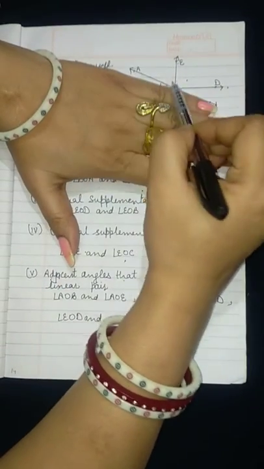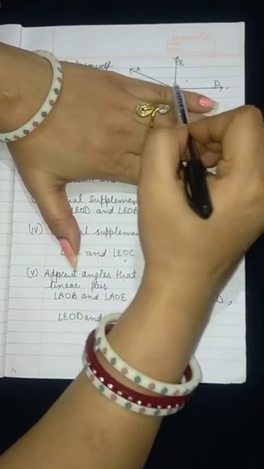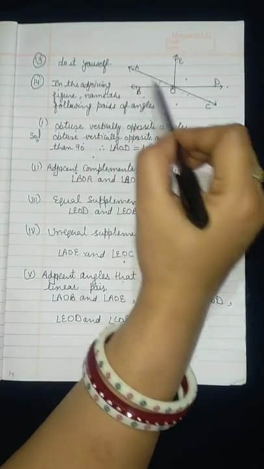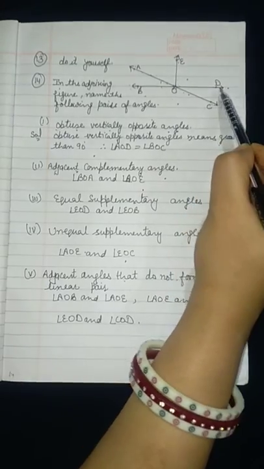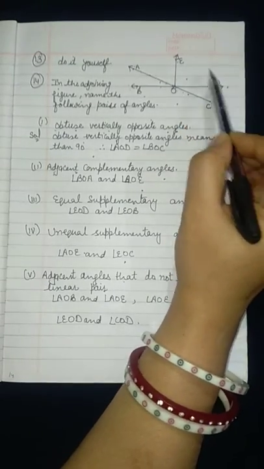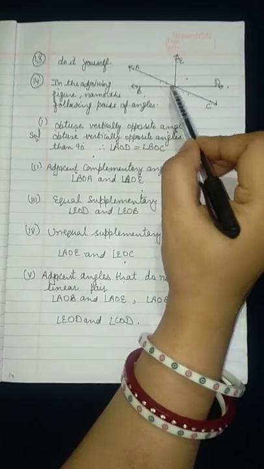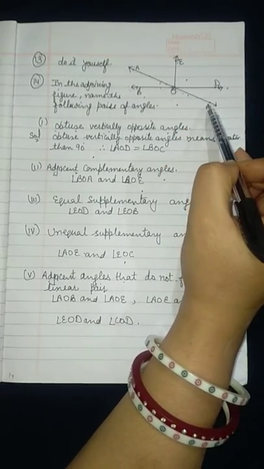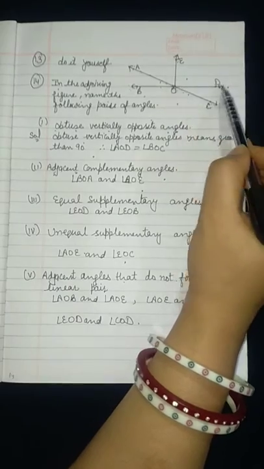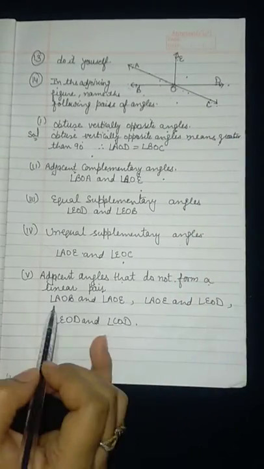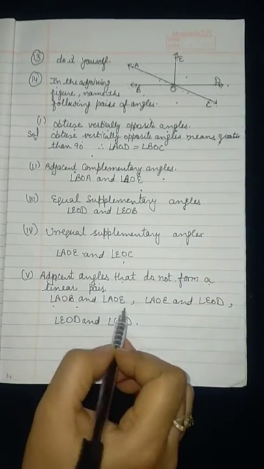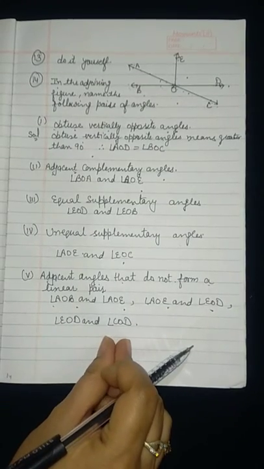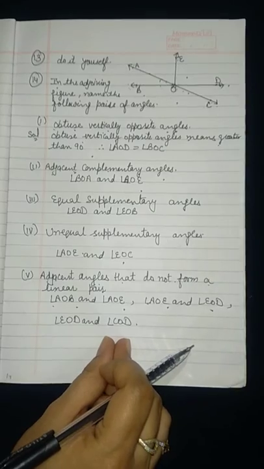This angle and this angle are not forming a linear pair, they are adjacent angles. The next one is EOD and DOC. Again they are not forming a straight line or linear pair, they are adjacent angles. So these are angles AOB and AOE, AOE and EOD, EOD and COD. They are adjacent angles but they are not linear pairs.